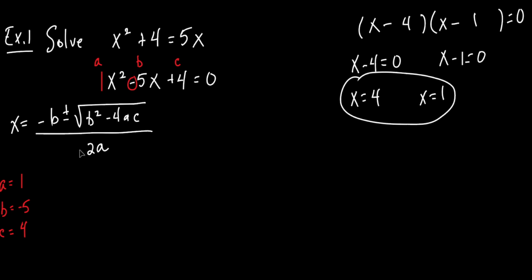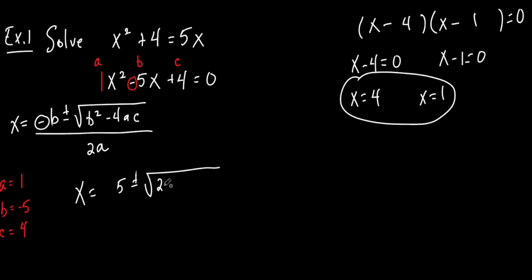So now what I'm going to do is I'm just going to plug and chug, right? x equals. Now, what does this mean? Negative b. It means the opposite of what b is. Well, b is negative 5, so what's negative b? Positive 5. So that's a positive 5. Plus or minus the square root of b squared. We can do that in our head. What's negative 5 squared? 25. It's not negative 25 because you're squaring the negative, correct?